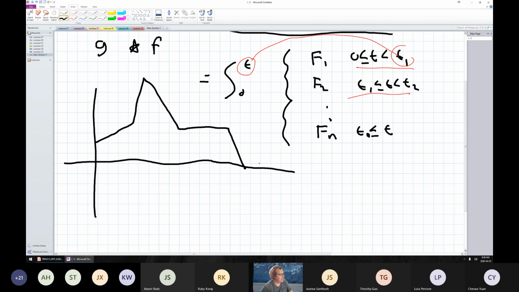If I asked you to integrate this thing, you'd have to integrate it here first, and then the function changes, so you have a different integrand. Then you have to integrate it again, so green, up to here. And then you would have to integrate it again up to here. And then again up to here.